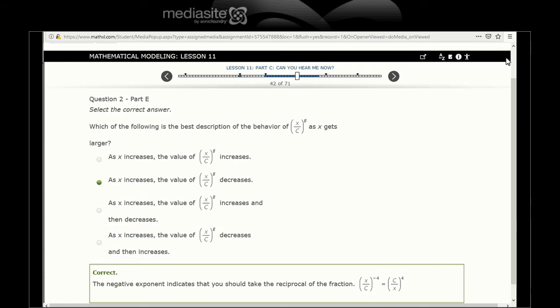And that is because of the negative exponent. Basically, x to a negative power is really 1 over x to the power, which is why they reciprocated from here.